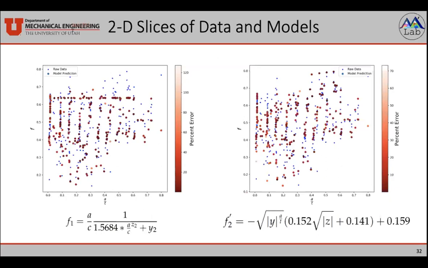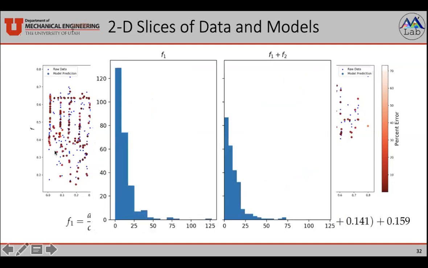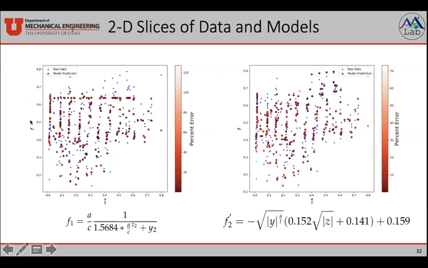So the insights that we gather from this are maybe not optimal. However, we can see on this plot on the left that the equation for F1 has a hard time getting F values that are high. And when we include our function F2, we're able to include those values.